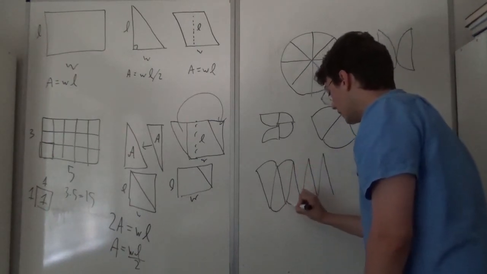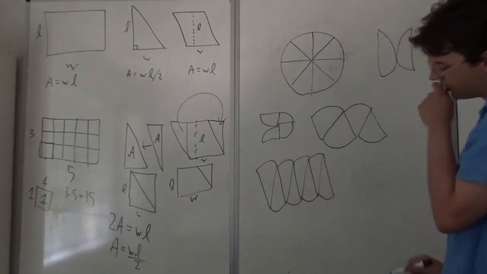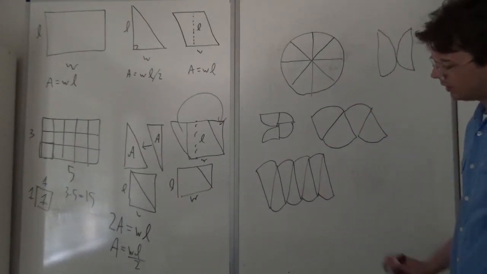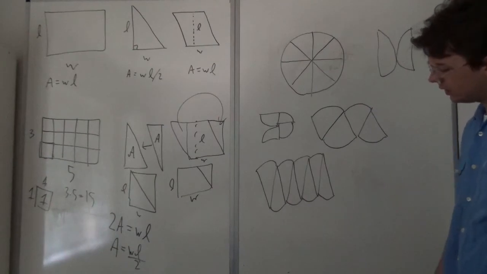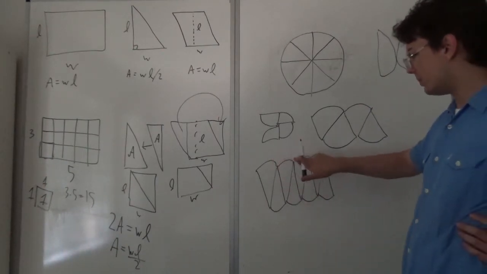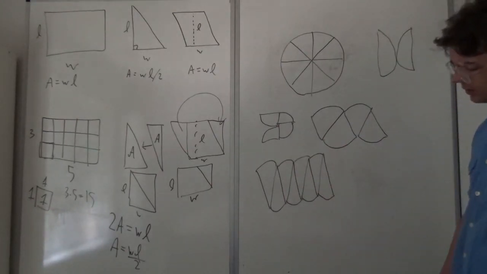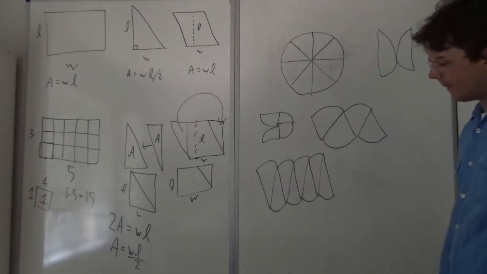I'll have these 8 pieces like that. And I'll look at this and I'll feel, you know, this is really familiar right here. This looks like a trapezoid, right? You know, it has this sort of round part on top, but these sides are straight. That looks solidly like a trapezoid.